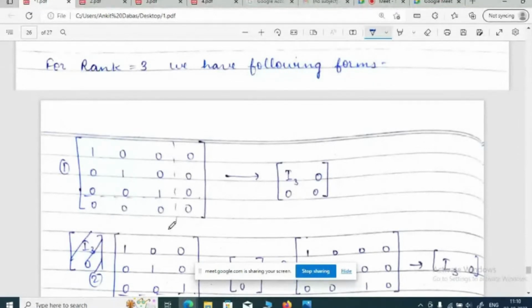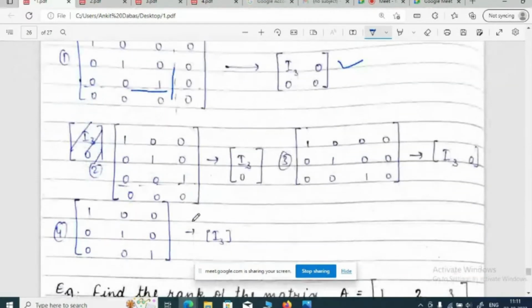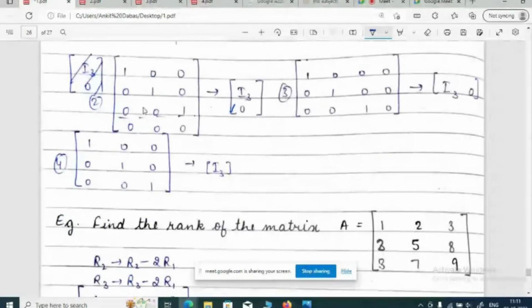And if we get a matrix of this type, that is, an identity here and all other entries beside this are 0, then this is the form of that matrix. Again, if the last row becomes 0, this is the required form. If the last column becomes 0, this is the form. And if there is no row or column which is 0, then we say that it is of this form.